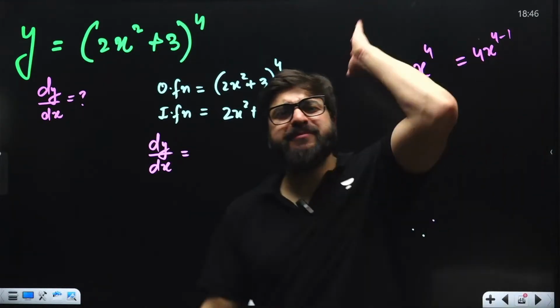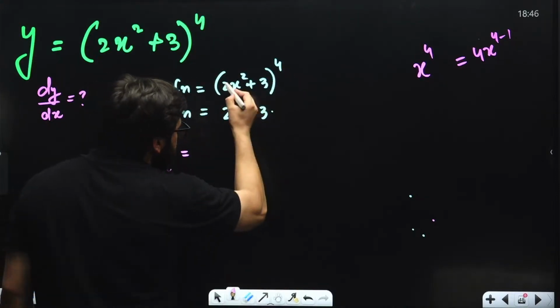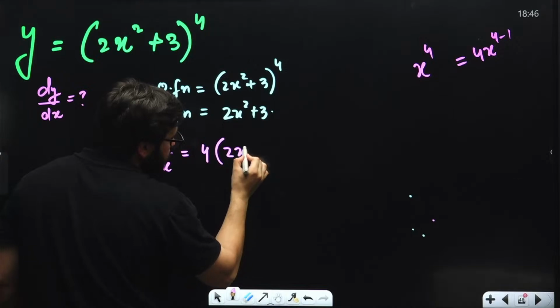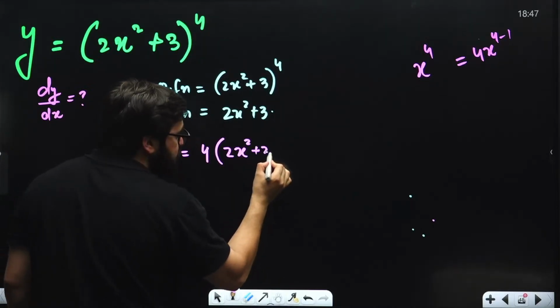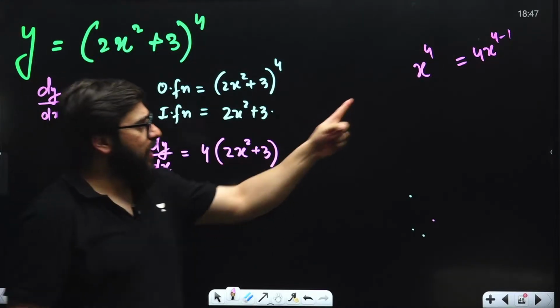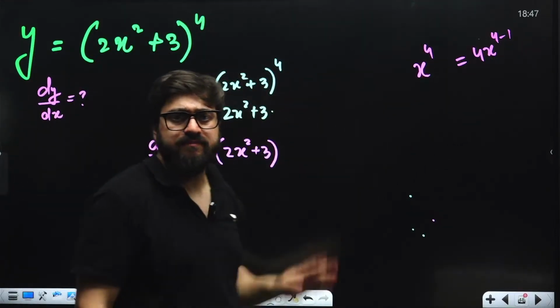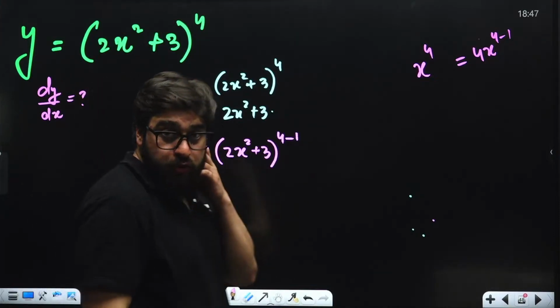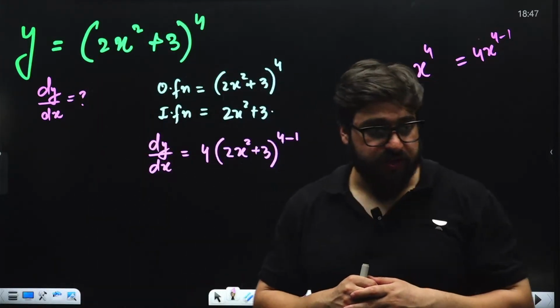Do the same thing exactly. So I say 4 down, and then we write 2x square plus 3 as it is, like assume this is x, and then you have 4 minus 1. So this is the differentiation of the outer function.